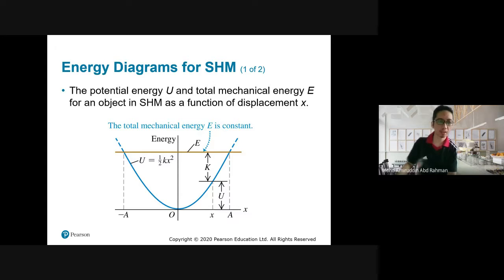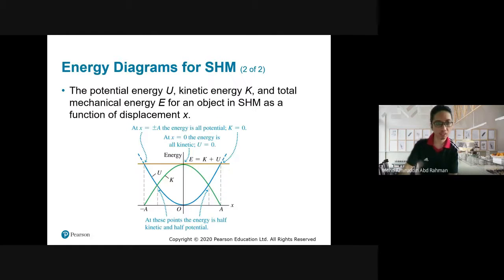Then at half of the motion we have similar K and U. So this is the graph for K and U.